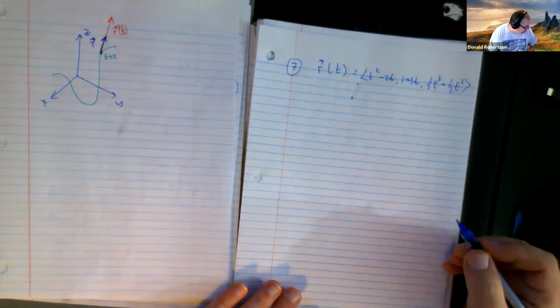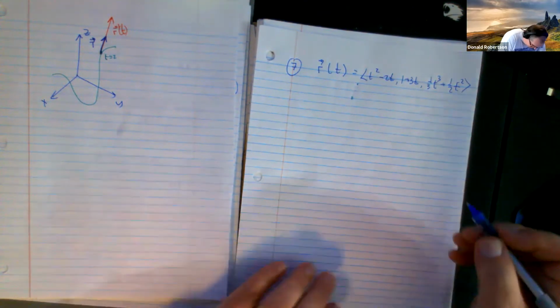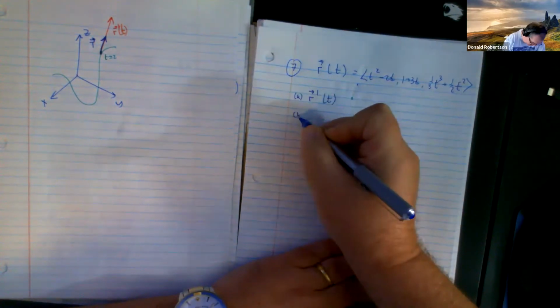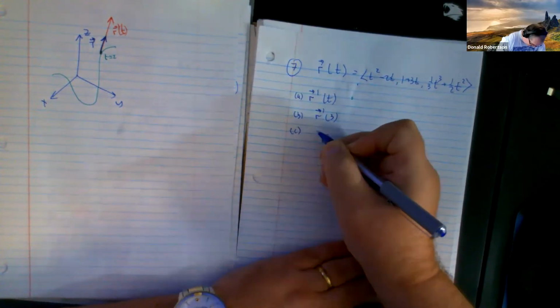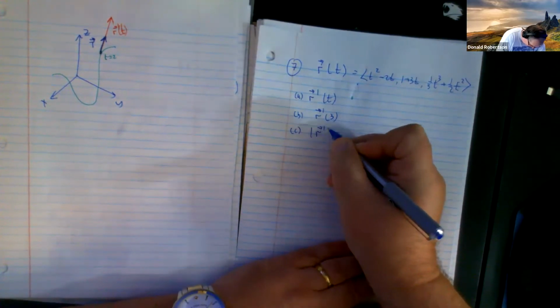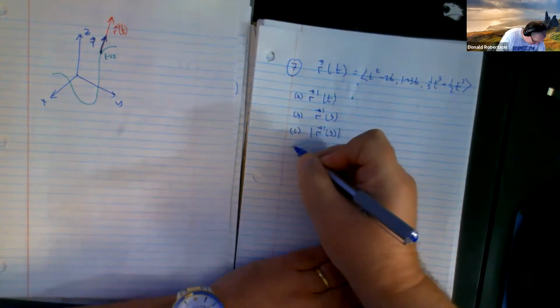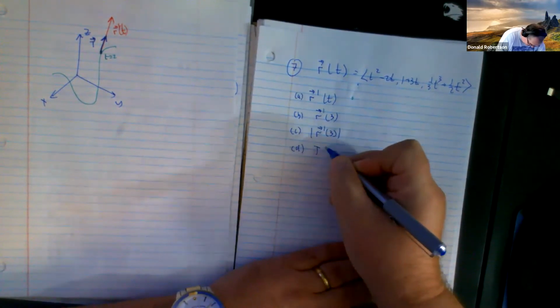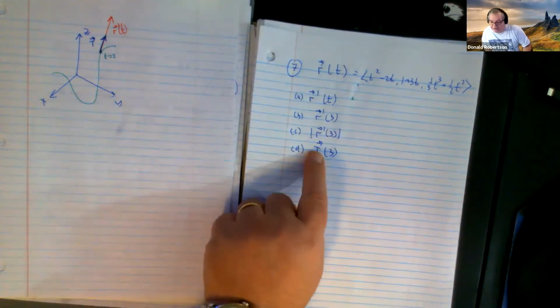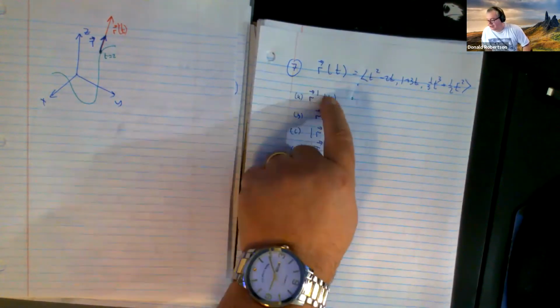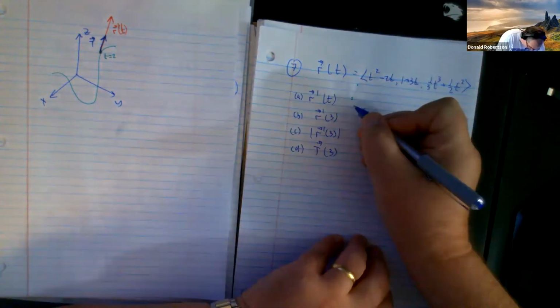We are being asked to find r dashed of t, r dashed of 3, the magnitude of r dashed of 3, and T of 3. Actually, isn't that just asking us to find the unit tangent vector? Because you need to find all these to get it. So I guess that's how it's phrased.